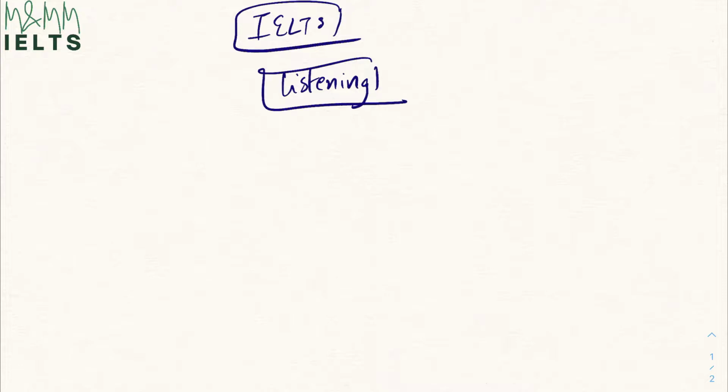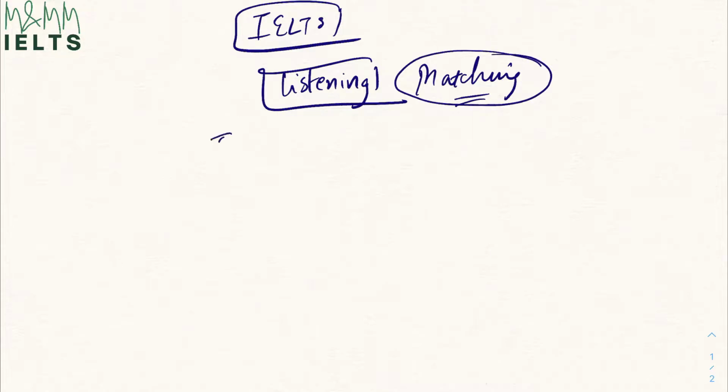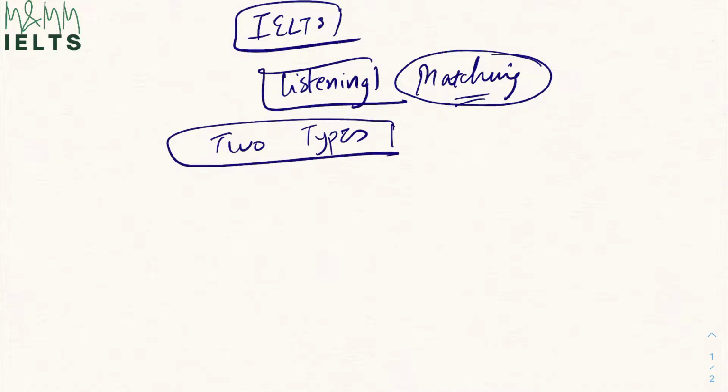Now in IELTS, in the listening module, there are about 6 different question types that can come. Matching is definitely one of them. In matching, there are 2 different types of questions.